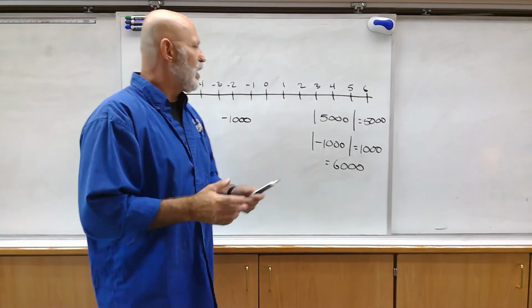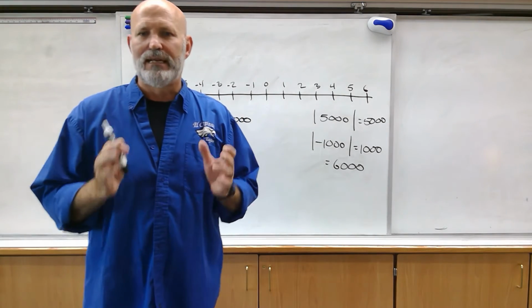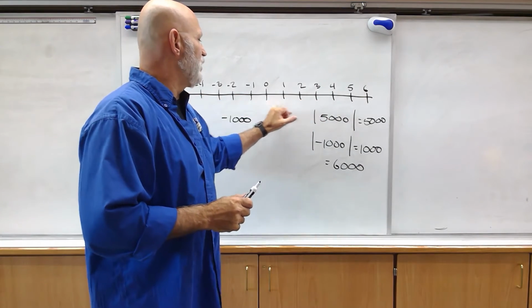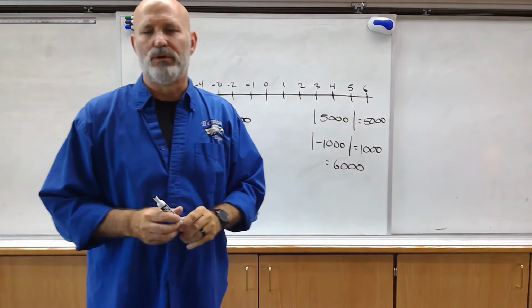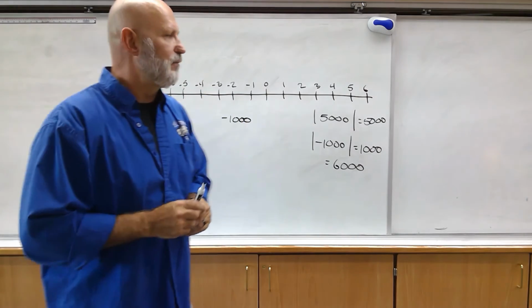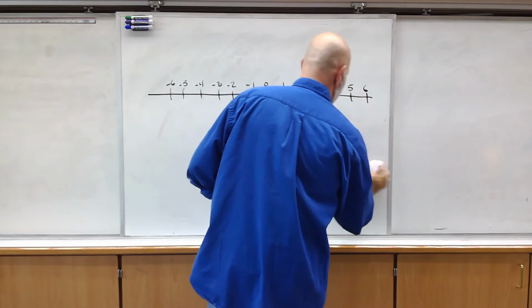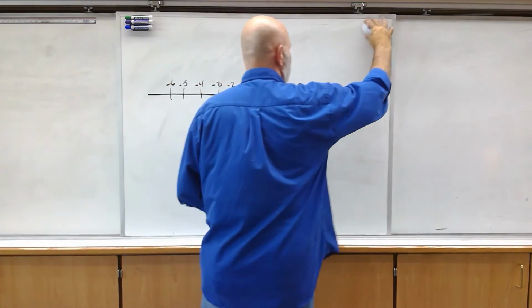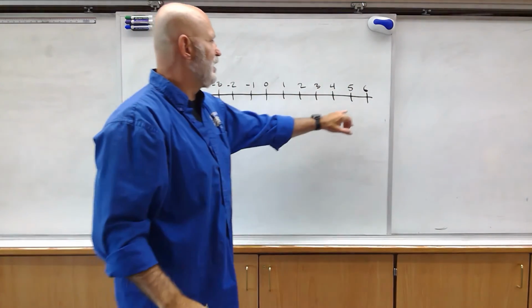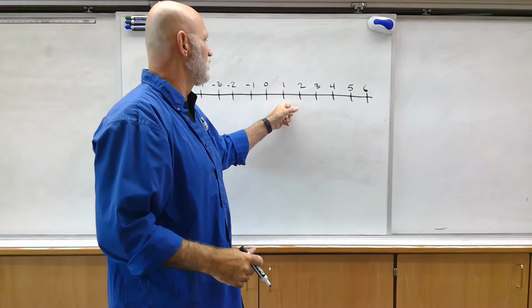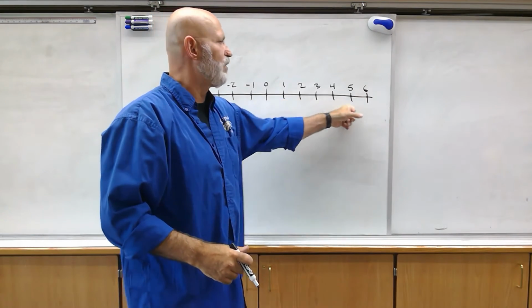So absolute value is just the distance from 0 to the number that you're dealing with. Let's try another example. Let's say these represent hundreds: 100, 200, 300, 400, 500, 600.